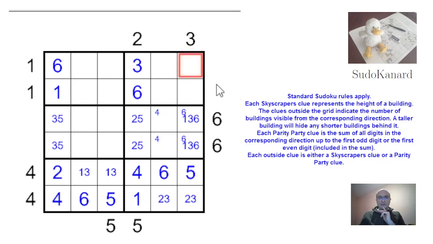So 4 can't be here because I will need to place 5 between 4 and 6, and 5 is behind the 6. So 4 is here if I do that. That's 1 or 2. And this is fulfilled. In which case this is fulfilled.